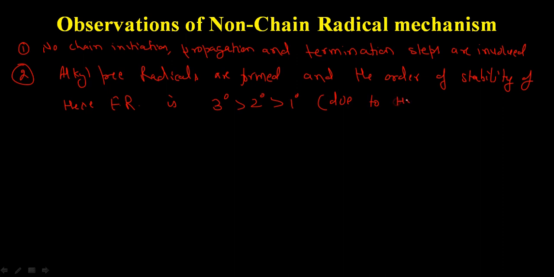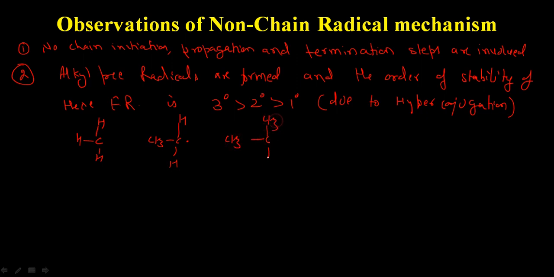Due to hyperconjugation. This is the very basic concept of explaining the stability of free radicals. Means the methyl free radical is less stable as compared to the ethyl free radical. So as the number of alkyl groups increases, the stability of the free radicals also increases. So this is tertiary, this is secondary. These both are primary free radicals, and the most stable one is tertiary, then secondary, and then primary.